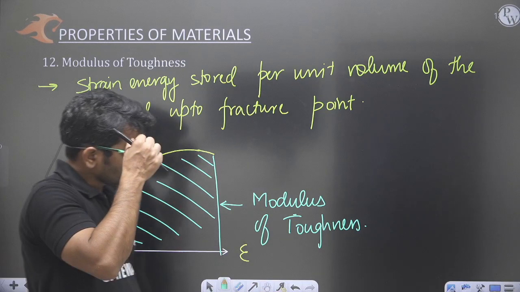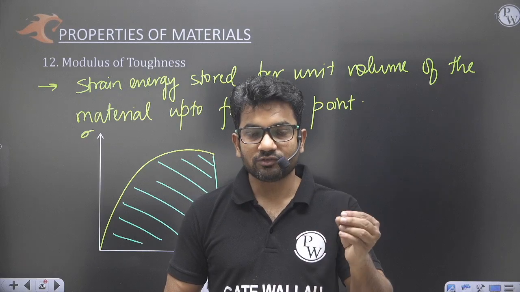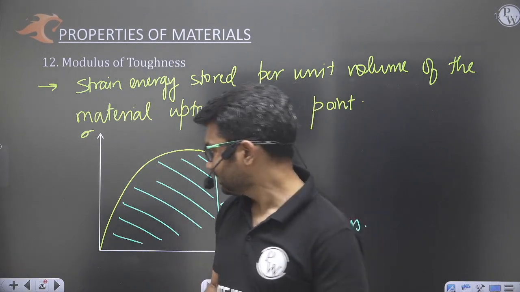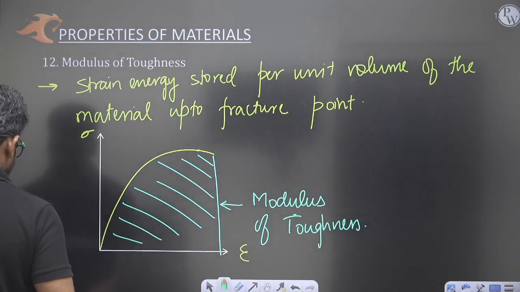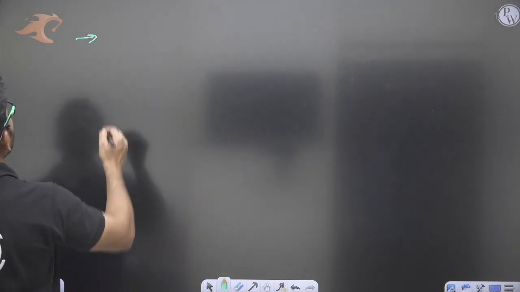Now there is a common question: is the modulus of toughness of mild steel greater, or that of high strength steel? The answer is that the modulus of toughness of mild steel is greater than that of high strength steel.